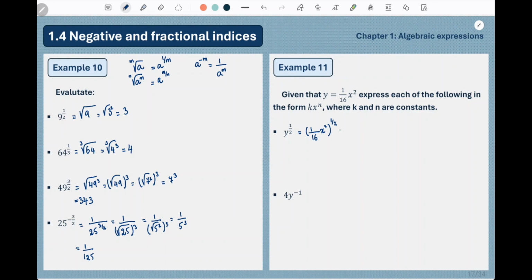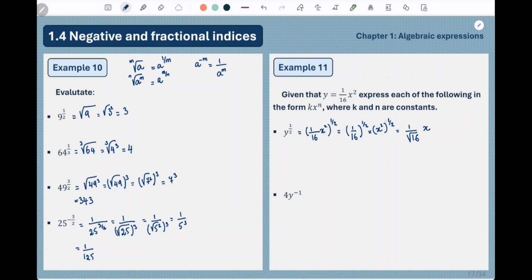Now that we've done the replacing, I'm going to use one of these index laws on both of these, because they share the power, so it gets distributed. So it's 1 over 16 to the power of 1 over 2 and x to the power of 1 over 2. This one is simply x. And 1 to the power of 1 over 2 is the same, and for the 16, I'm skipping a step here.